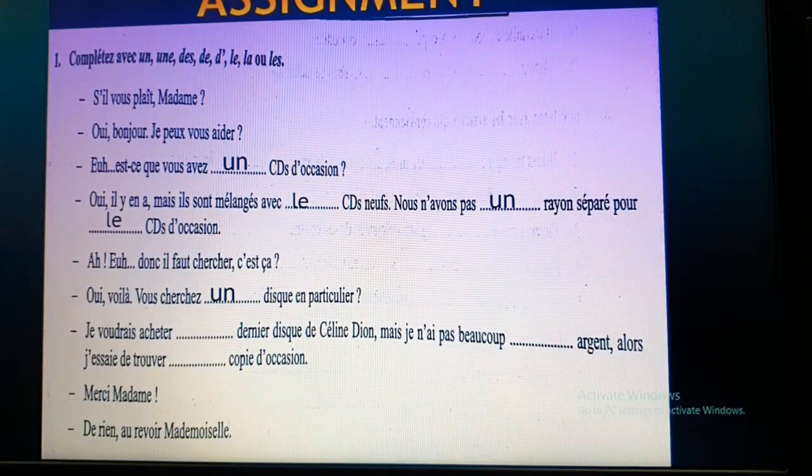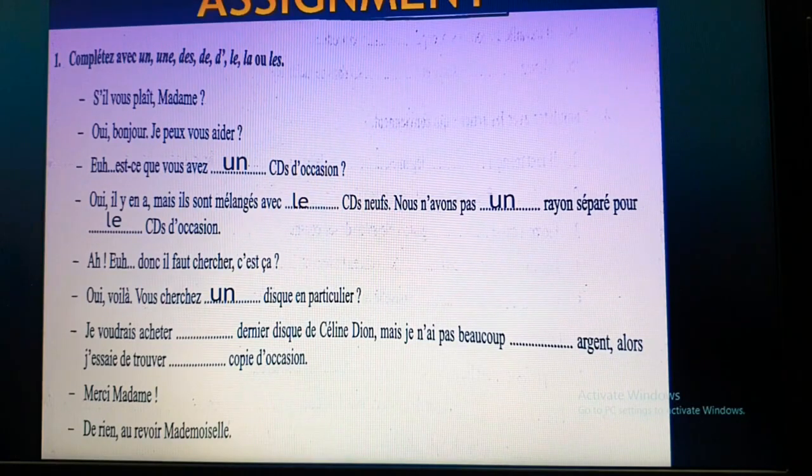She's not very particular about any disc she's buying. She wants an occasion disc, whatever it may be, a party disc or a birthday disc or a marriage disc. So any is what? We don't know. Indefinite. "Je voudrais acheter dash dernier disque de Céline Dion."